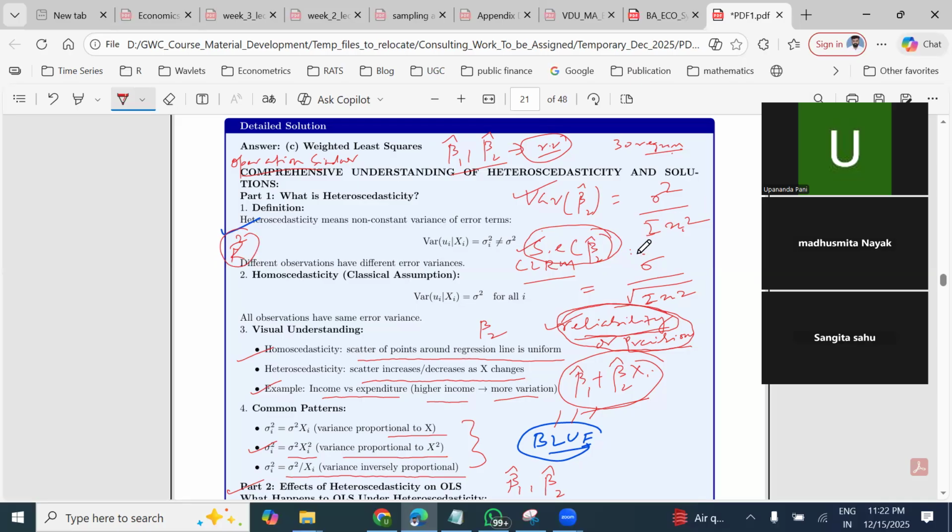Let's say you two people are there, Sangeeta and Madhusmita. Who is reliable for me? How will I come to know? The one which has low variance, sir. Yes, simple. Minimum variance. That is it. If you are reliable, we say precision. I gave you the Operation Sindoor example, right? If my sample mean is close to the population mean, it means I have minimum variance.